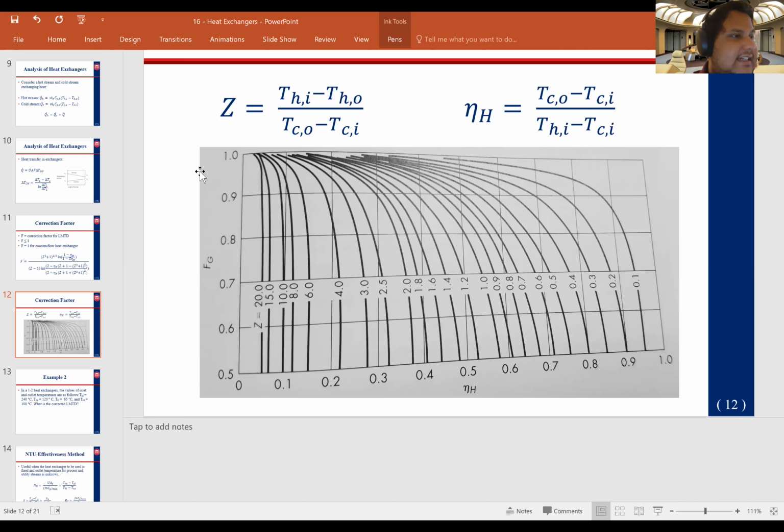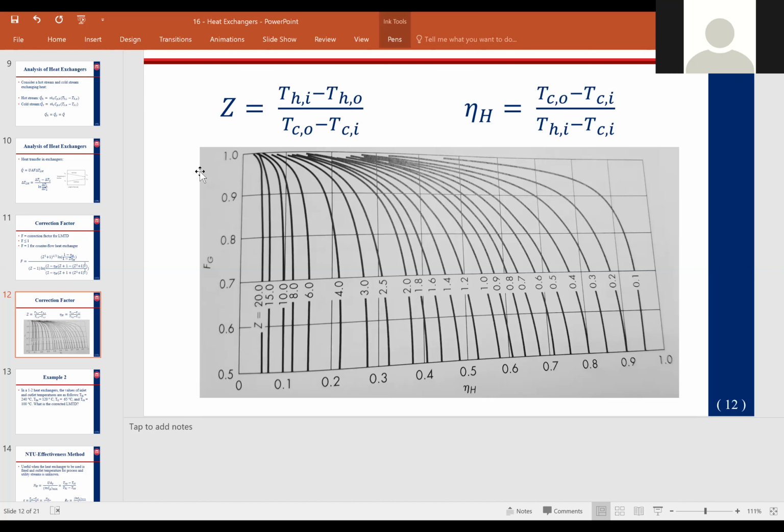And so you can imagine the more complicated the heat exchanger, the differences will arise in your corrective factors. So it's important when looking at determining your F value to use the appropriate figure for the heat exchanger that you have.